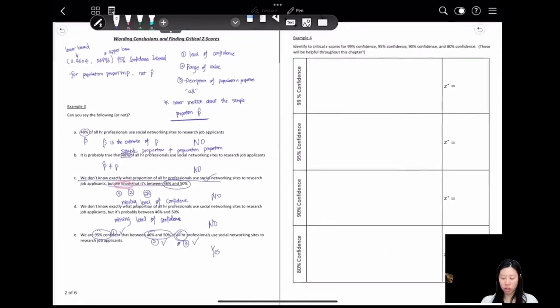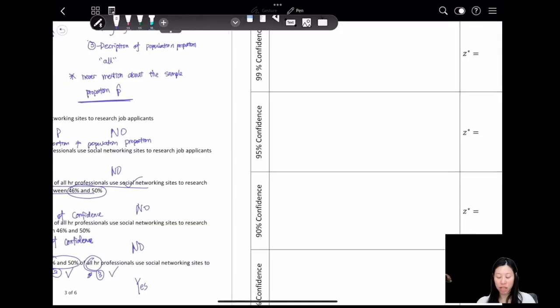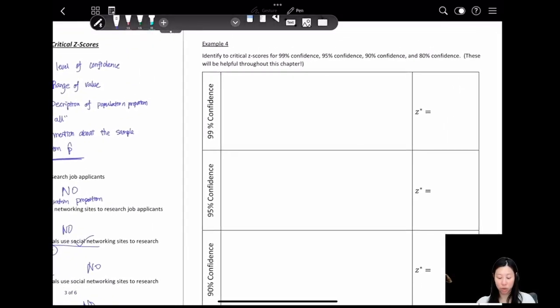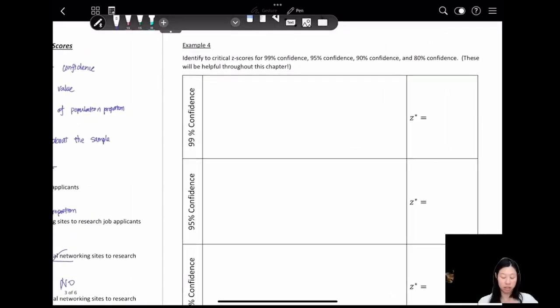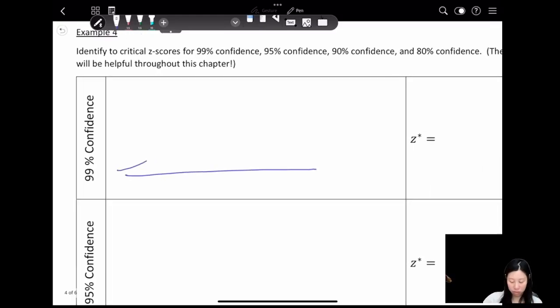Okay, so now next is how do we find the confidence interval, or how to identify the z-score. The easier way to do it is we use a standard normal distribution, where the center is 0.